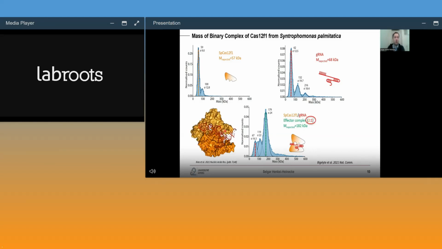A few months before, when we were still in this process, there was a publication on the stoichiometries or the structure of these complexes, and they could show as well that we have 2 proteins here and 1 RNA. So we could nicely get the same information with mass photometry.